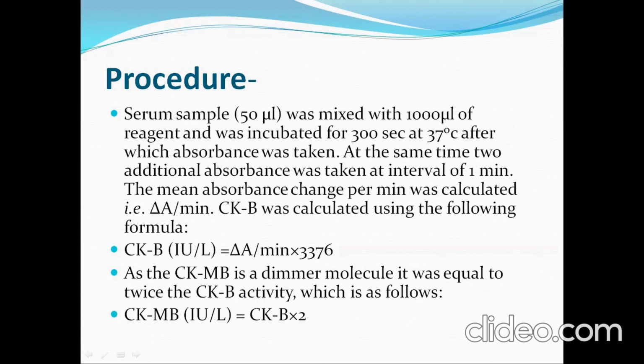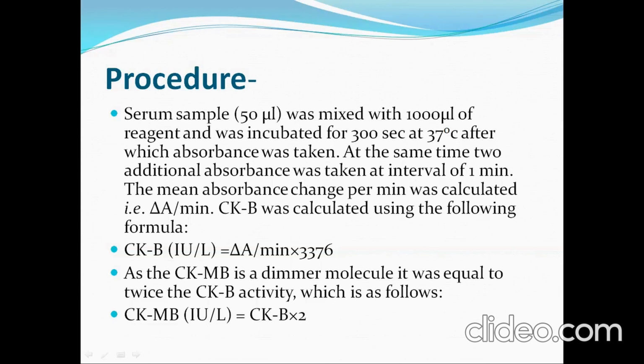What is the procedure? We have to take the sample. Now these procedures are different for the different types of kits, and we have to follow the instructions given along with the kit. So we have to take the serum sample, that is 50 microliter, which needs to be mixed with 1000 microliter of reagent, and then incubated for 300 seconds at 37 degrees.